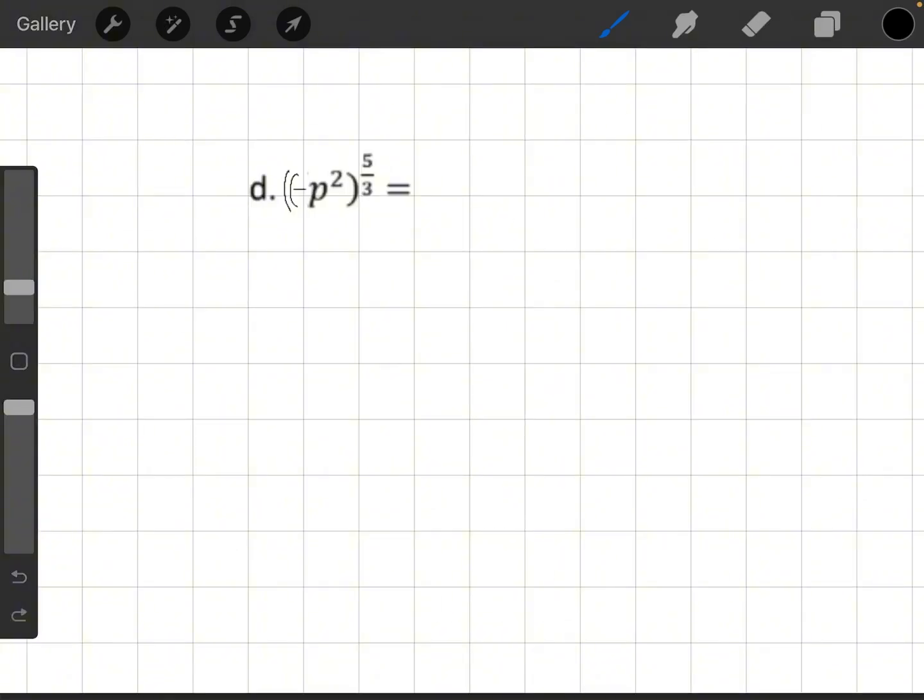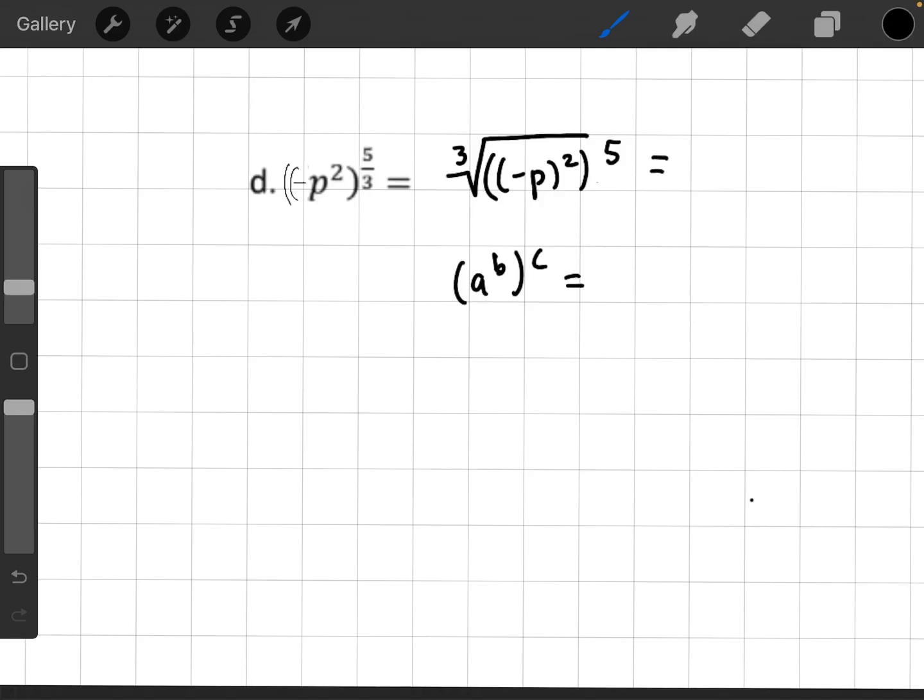In our last example, we'll rewrite negative p squared to the power of 5 over 3 as the cube root of negative p to the power of 2, to the power of 5. A to the power of b, to the power of c, we can rewrite as a to the power of b times c.